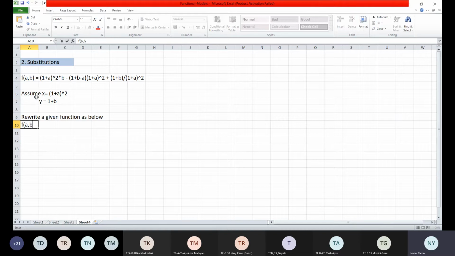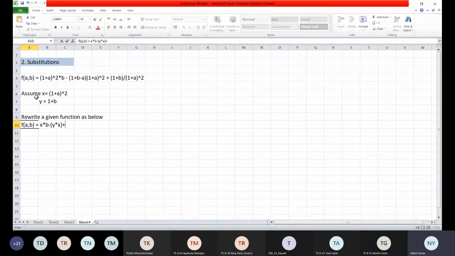f of a comma b is equal to 1 plus a the whole square is called x, into b, minus 1 plus b is called y, into y into 1 plus a the whole square, so that is your x. Am I right?